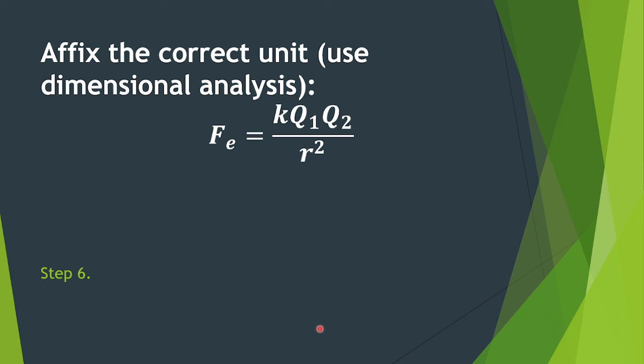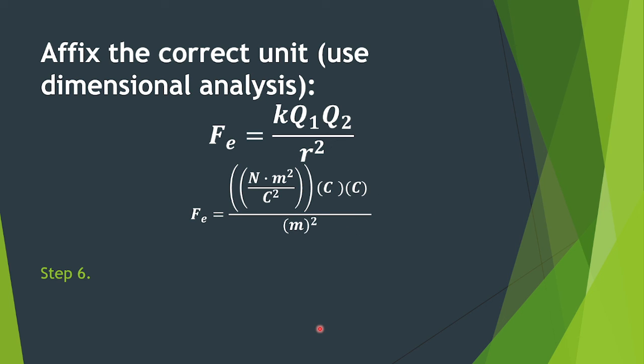From this equation, we have the unit for K, which is newton times meter squared divided by coulomb squared. The unit of charge is C, or coulomb, so C times C is C squared, and the unit for the distance is M, raised to the power of 2.